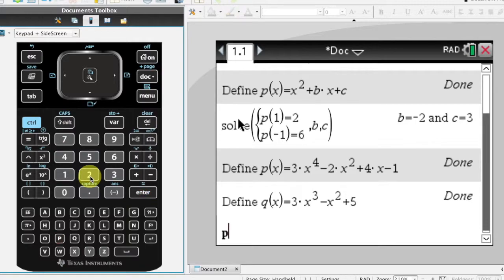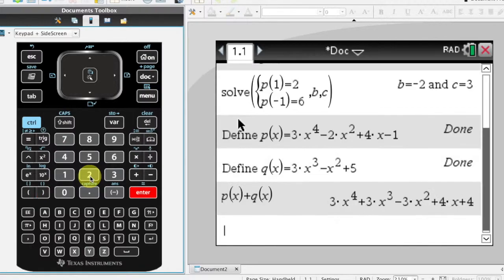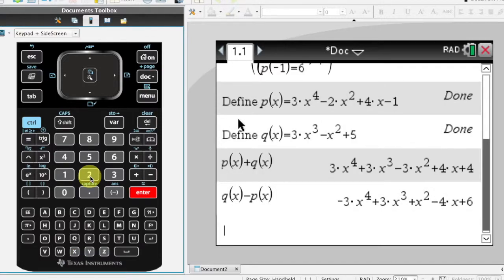So I'm going to go p of x plus q of x. There it is. And for b, I need to evaluate what q of x taking away p of x is. And there's that. So you can see that the CAS, after you define them, is really quick to perform all those different operations.